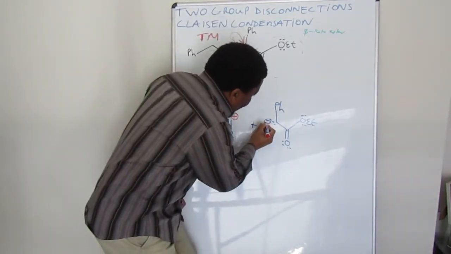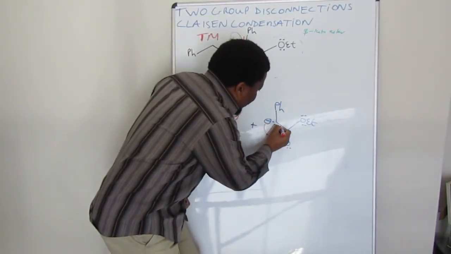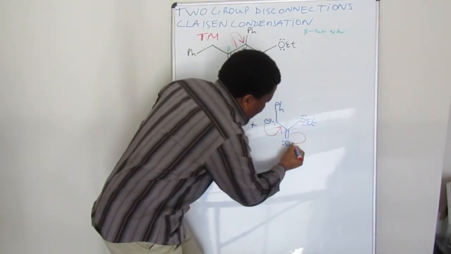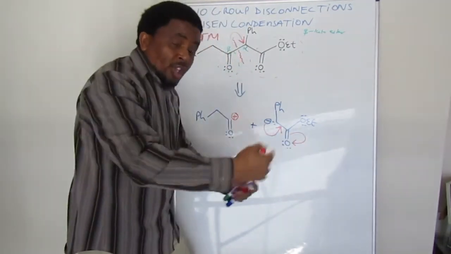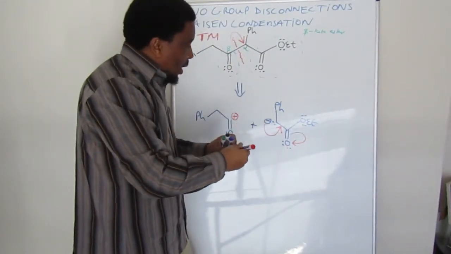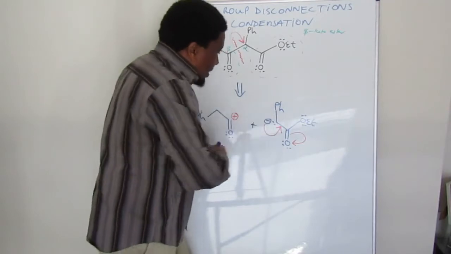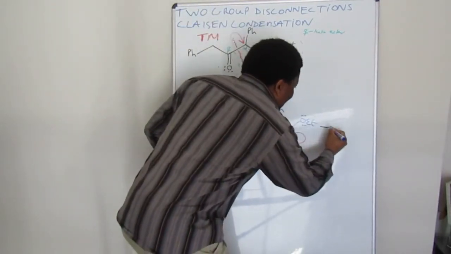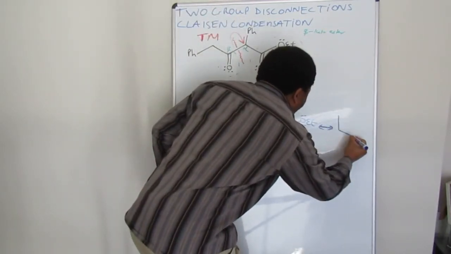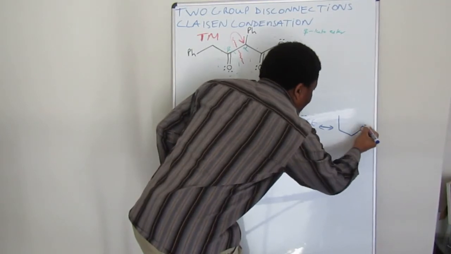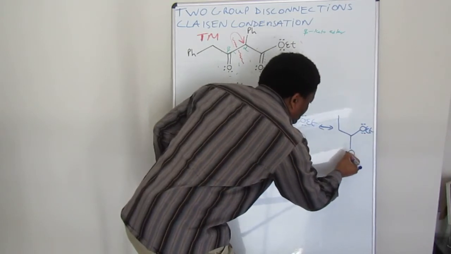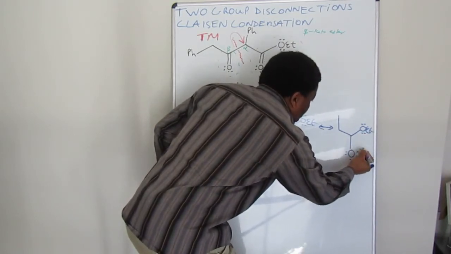These electrons will come here and generate a double bond, as these electrons here are pushed out to generate an oxygen that is negative in charge. So we say that this is resonance stabilized. Then we generate this intermediate here. There's your OEt, here there's your single bond O, which is negative.